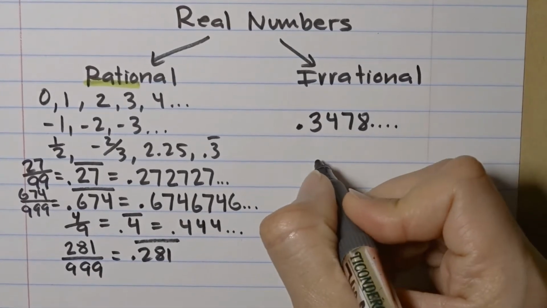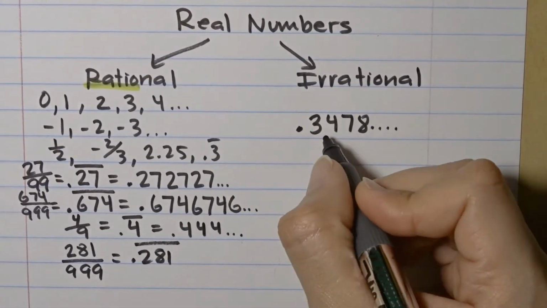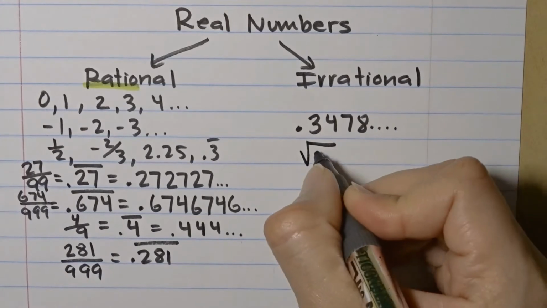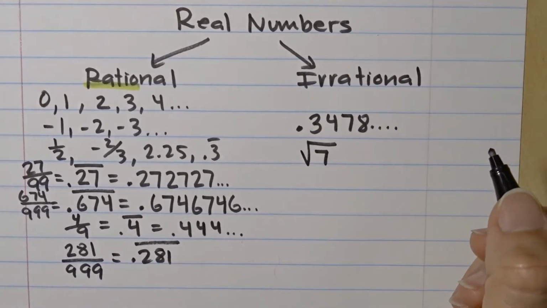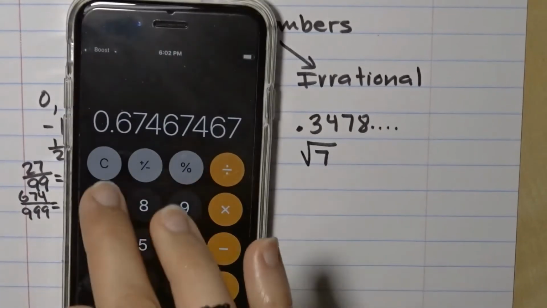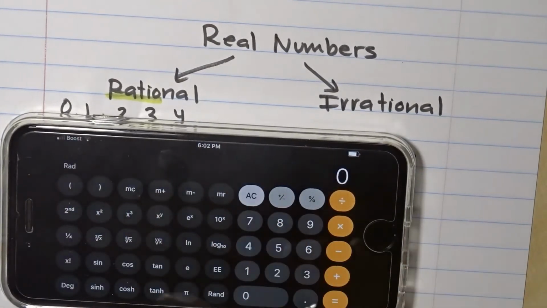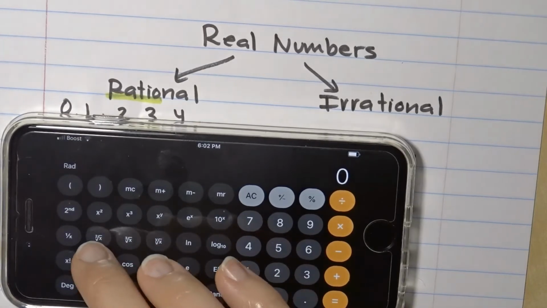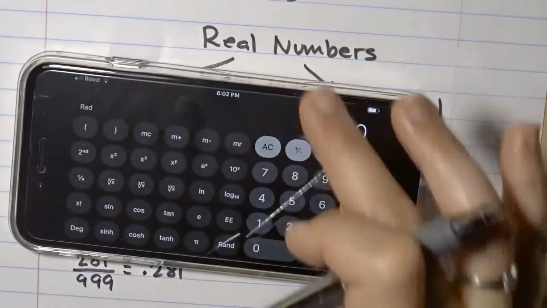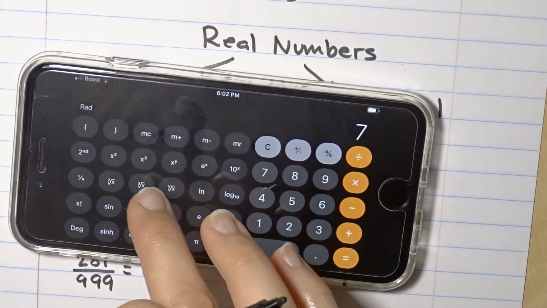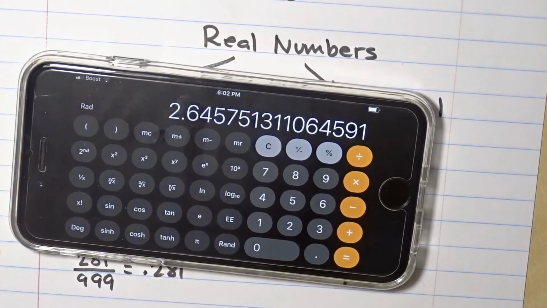And one of the most common ways to come up with an irrational number besides making it up is to take the square root of a number that's not a perfect square. So let's clear this. We'll take the square root of 7. And you get this.